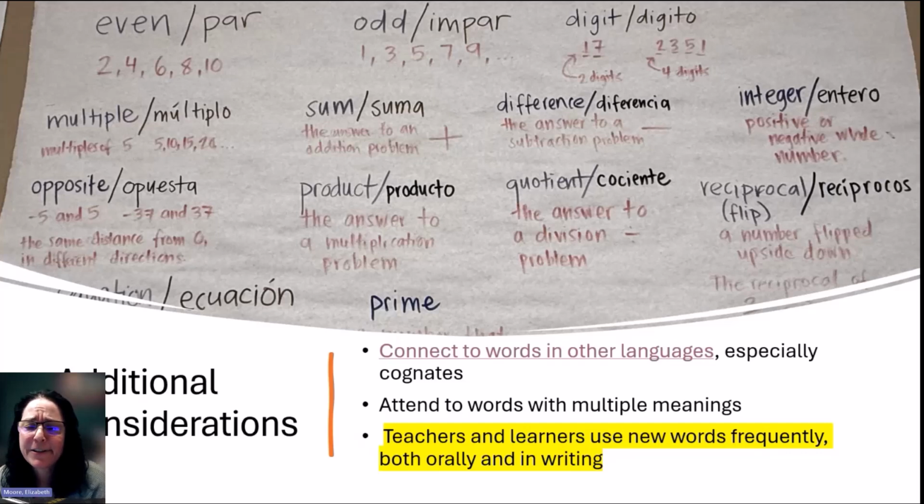Have students write the new word in notes or to complete a sentence frame so that we're getting those new words frequently, both orally and in writing. That really helps with vocabulary development and really tying that vocabulary to our math concepts.